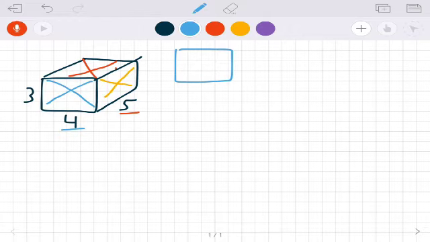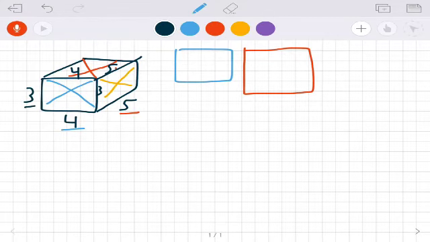So our top and bottom are going to be 4 by 5. And then we've got our other side, which if this is 3 right here, then this over here is going to be 3 as well. So our other side here is going to be 3 by 5.